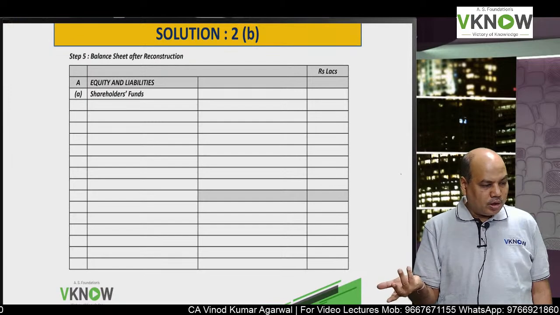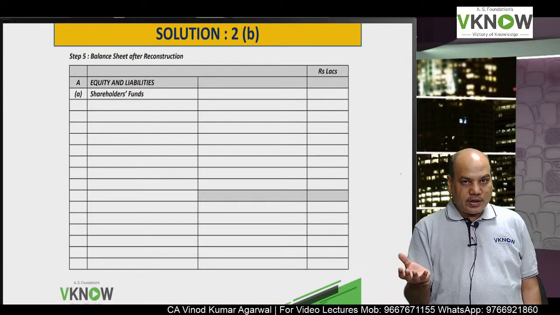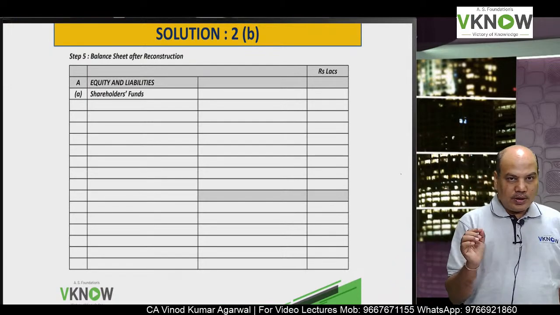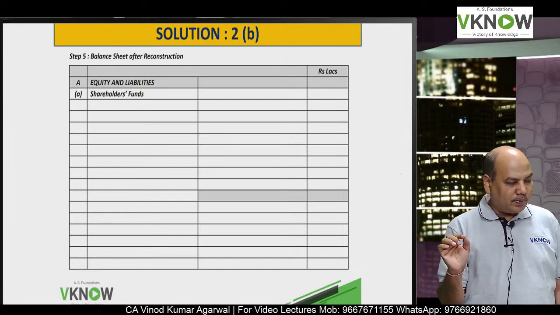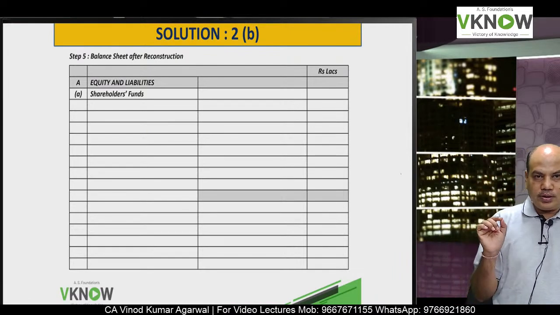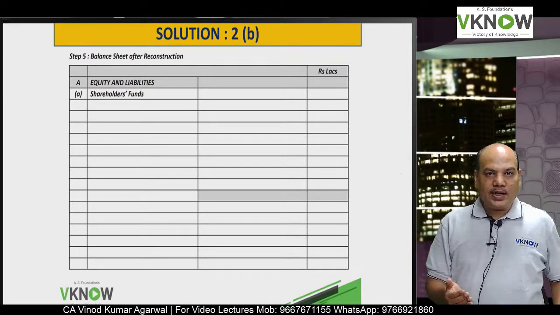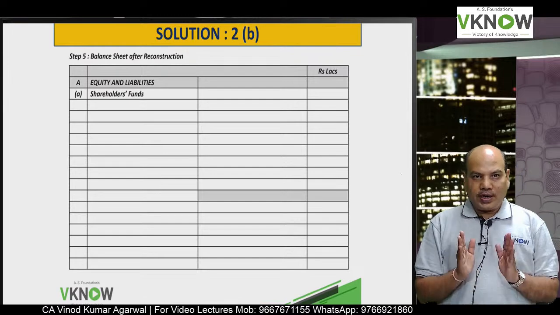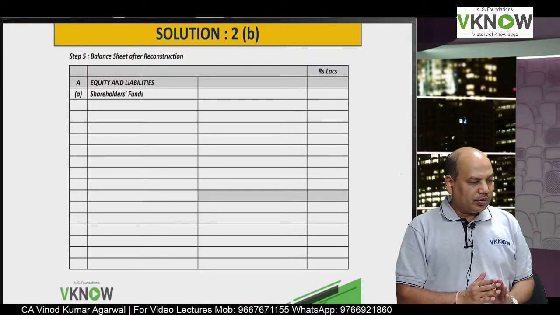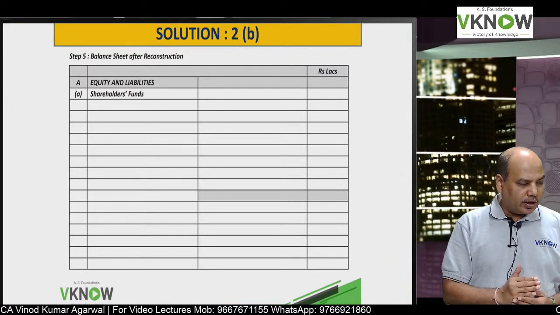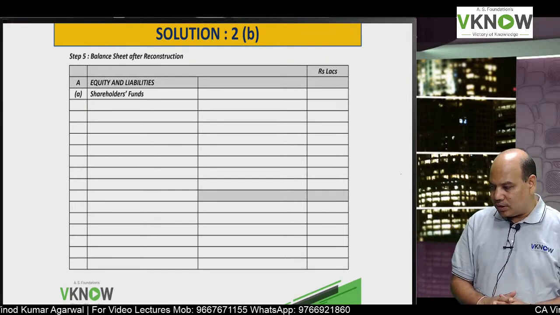You can follow, no harm in that, but don't unnecessarily complicate the matter. Preferably in SFM paper, follow the format given in the question. Of course, you can change the format as per Ind AS also, where asset will be written first and equity and liabilities will be written later. Not a serious matter, right?